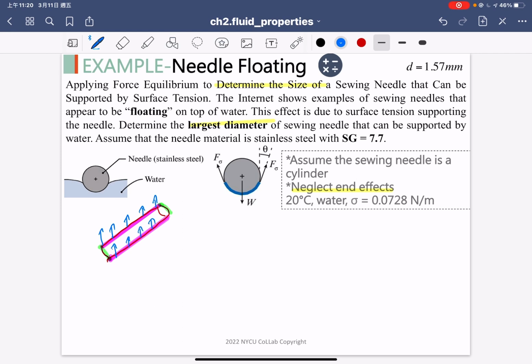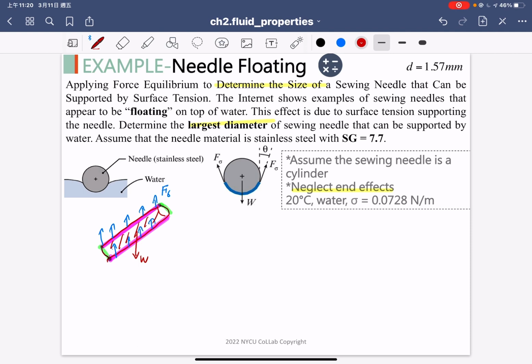Okay, and so we know that the first one is supported by the surface tension force, and we still have the weight of the needle, right? So we have the weight of the needle acting downward.